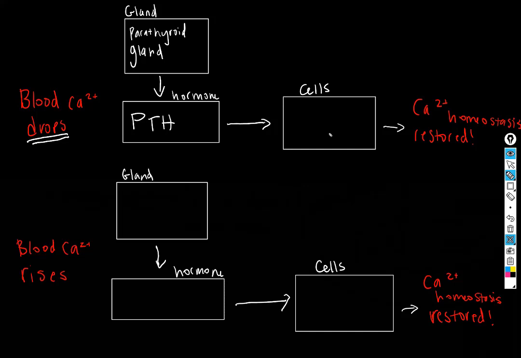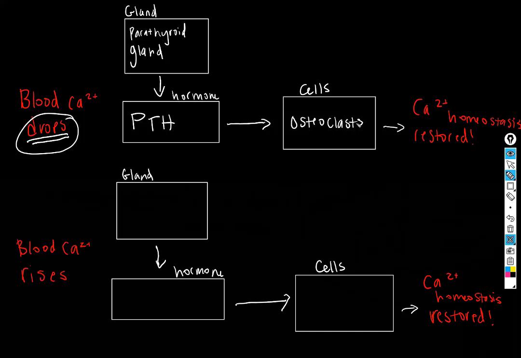And then over here in our cells box, these are the bone cells that PTH would act on to make blood calcium go from being too low back up. So would that be osteoblasts, osteoclasts, or osteocytes? Osteoclast. Osteoclasts is perfect, yes.